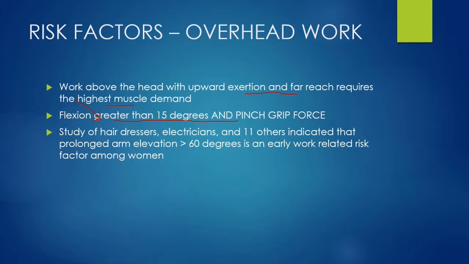So there seems to be something about application of pinch grip strength which contributes to the high muscle demand of the supraspinatus muscle and the supraspinatus tendon. In a study of hairdressers, electricians, and 11 other occupations, it suggests that prolonged arm elevation greater than 60 degrees is an early work-related risk factor among women.